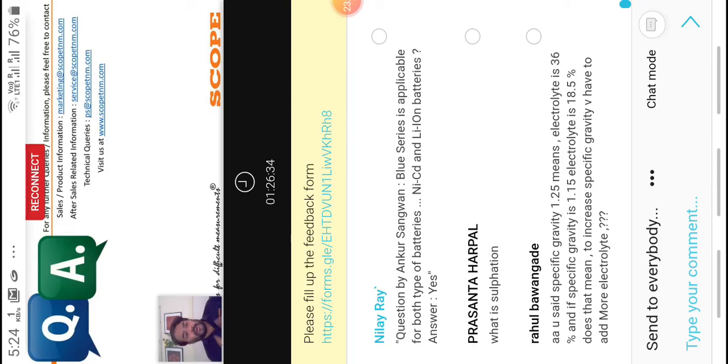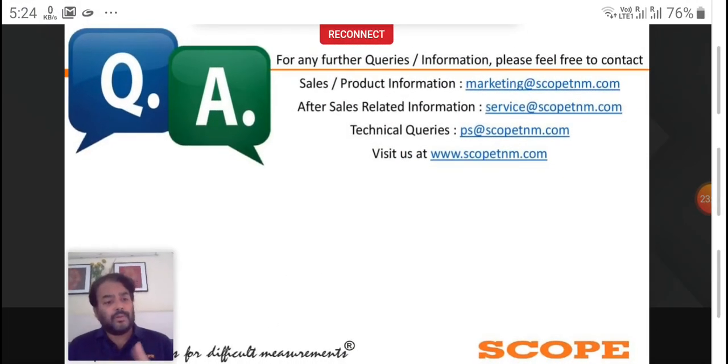Like 48 volt for the communication and 220 volt for the control. 90% of the Indian utilities, or at least 80%, are following this. So why should I pay for or purchase a battery loading unit which is equipped with 12 volt, 24 volt, 36 volt, 48 volt, 80 volt, 110 volt, 220 volt, 380 volt, and all these things?